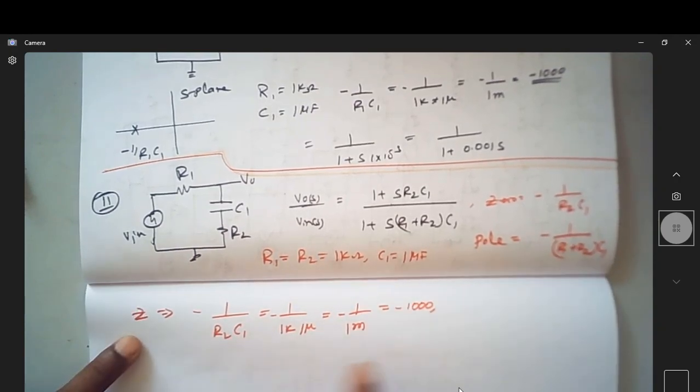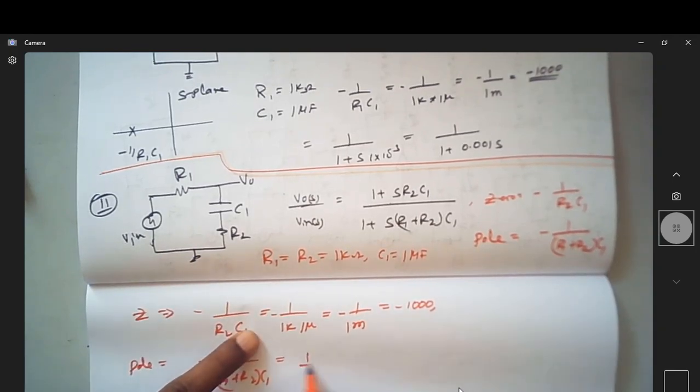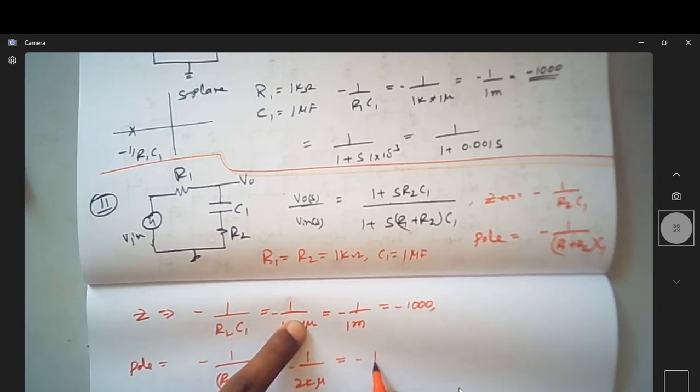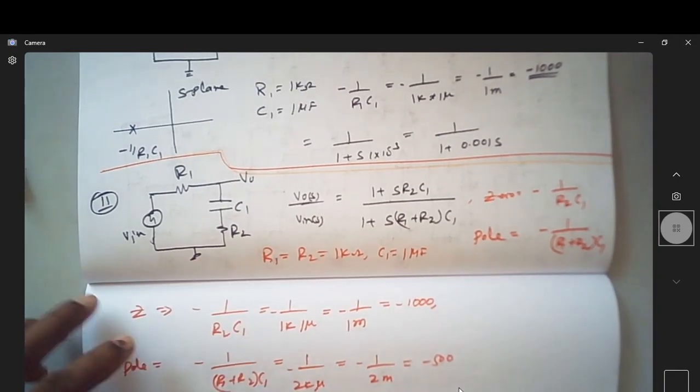There is a 0 at minus 1000. The pole is at minus 1 over (R1 plus R2) C1, which happens to be minus 1 over 2k into 1 micro, which is minus 1 over 2 milli, which comes out to be minus 500.